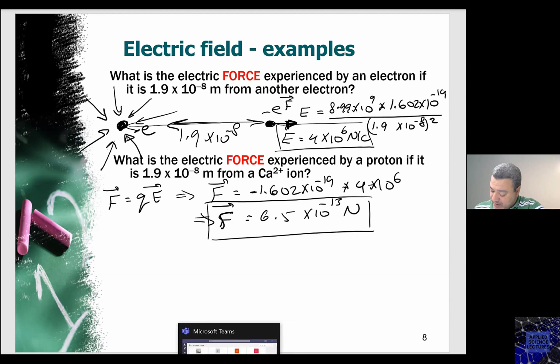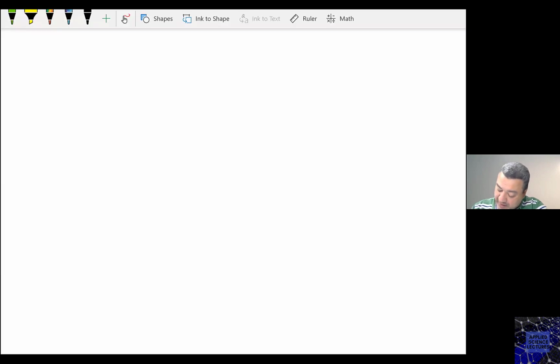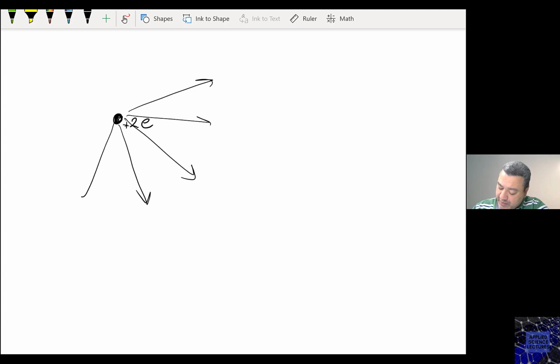So my ion here is the ion that is generating the field, and it is positive. In this case, the electric field will be pointing outward this way because it is positive.